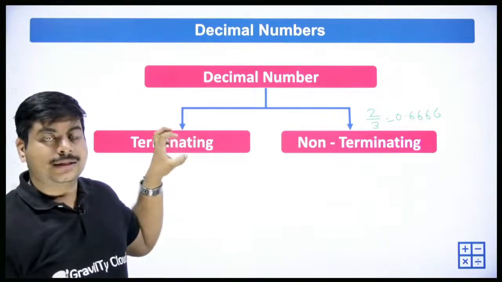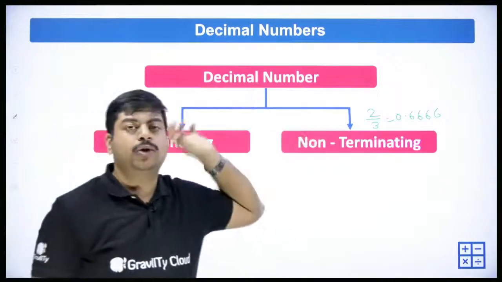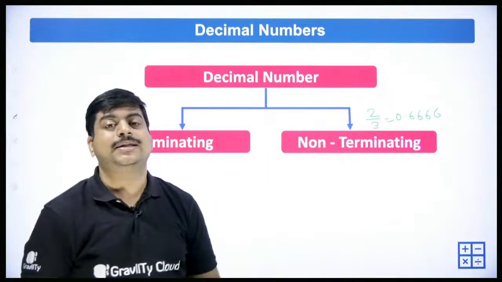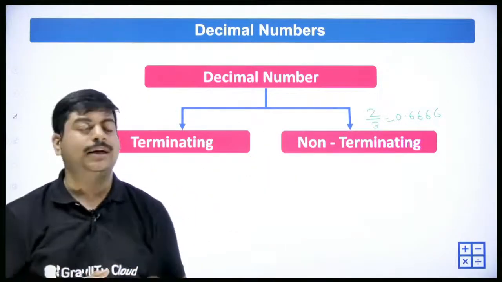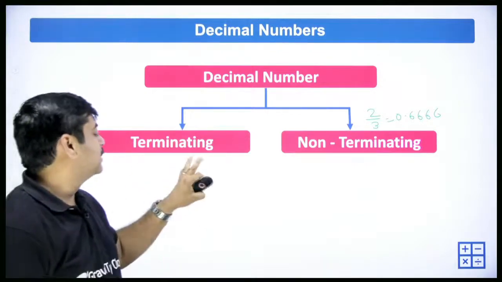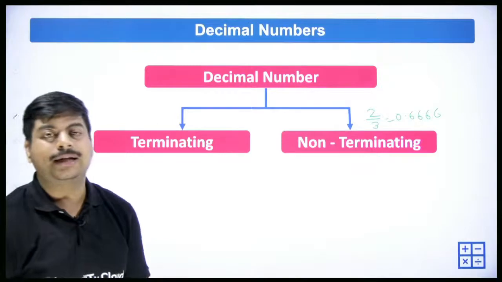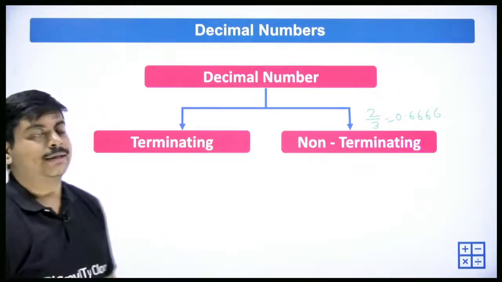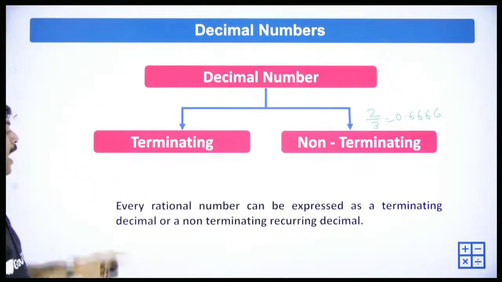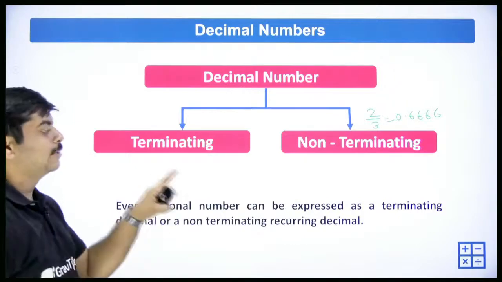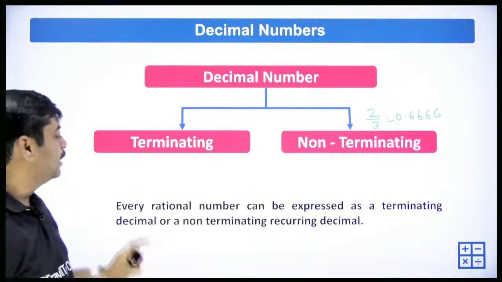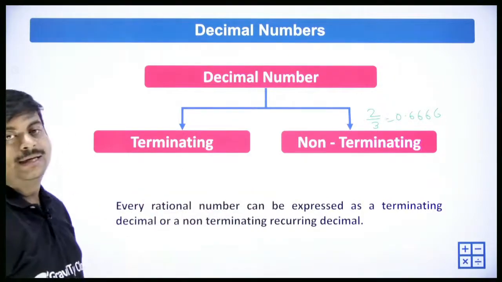Here there is a stop. Here there is no stop. It continues forever. So decimals we can classify into two types: terminating and non-terminating. Every rational number can be expressed as a terminating decimal or a non-terminating recurring decimal.